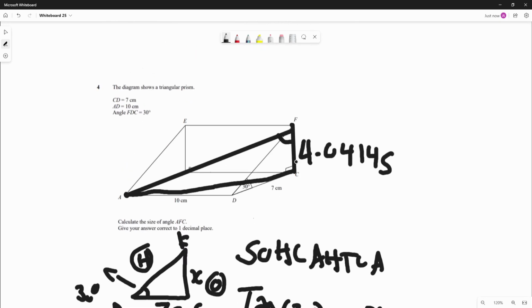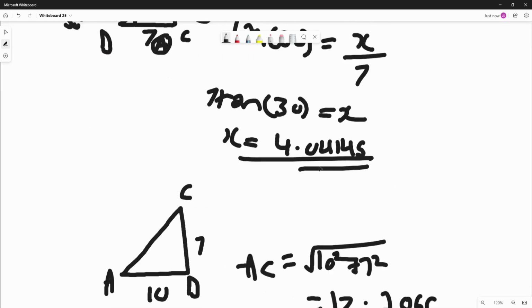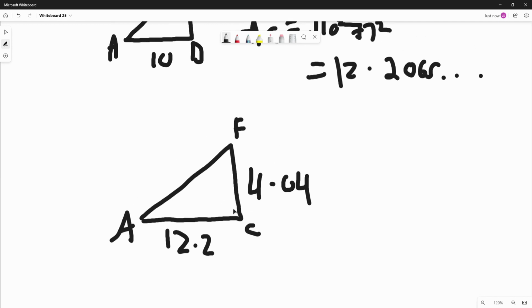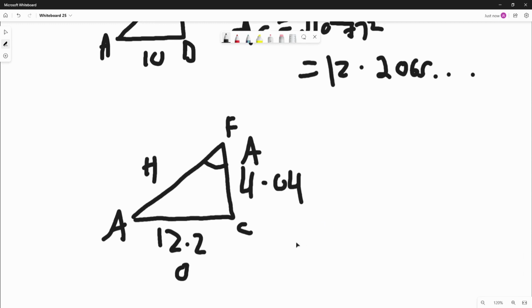Our adjacent is going to be 4.04. And the hypotenuse we don't know, and we don't need to know. So let's label it. This is our opposite. This is our adjacent. This is our hypotenuse, but we don't really need to care much about this.